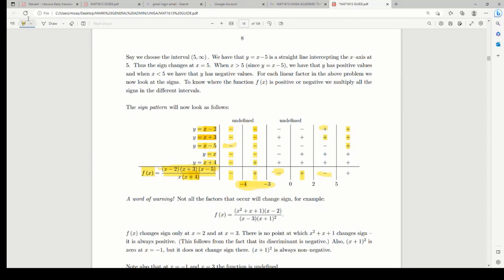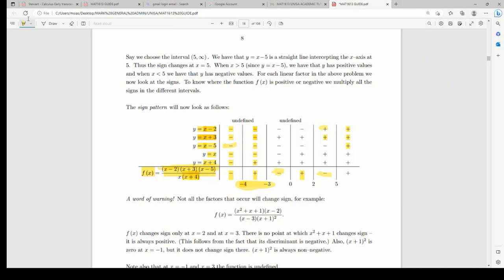When f prime of x is negative, the function is decreasing. So be careful when you say decrease and increase, positive or negative. When the second derivative is positive, the function is concave upward. If the second derivative is negative, the function is concave downward. So make sure you reserve your terminology for the appropriate function type, first derivative or second derivative.